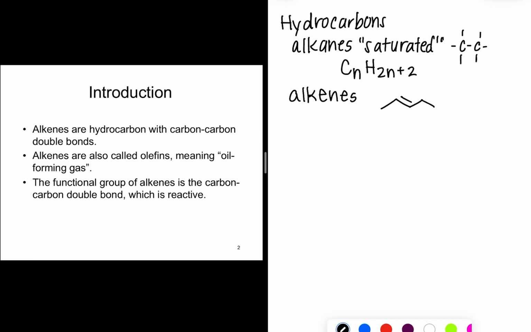So there's an example of an alkene. Our alkynes have at least one triple bond. And then the last category of hydrocarbons that we mentioned are aromatics.